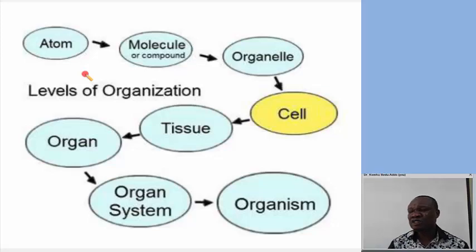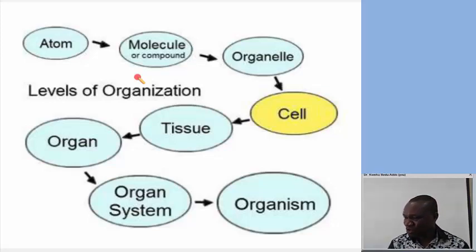Now, the connective tissues would protect certain structures, would hold structures together, and will support structures. Examples of connective tissues are blood, bone, cartilage.